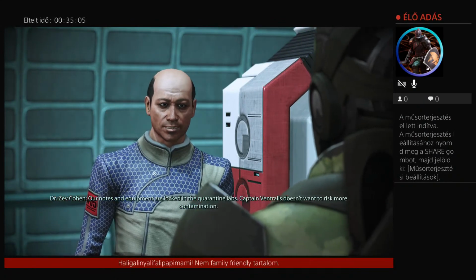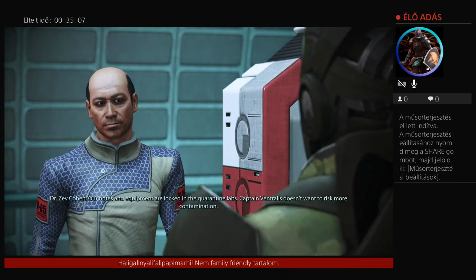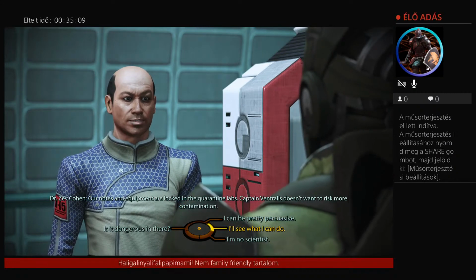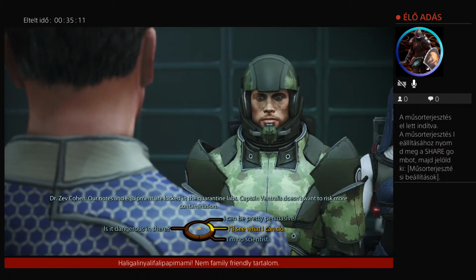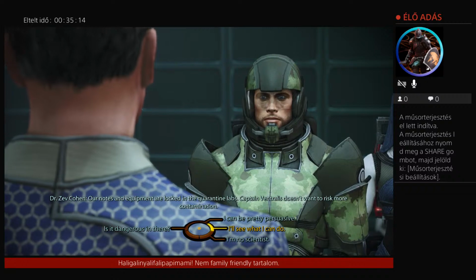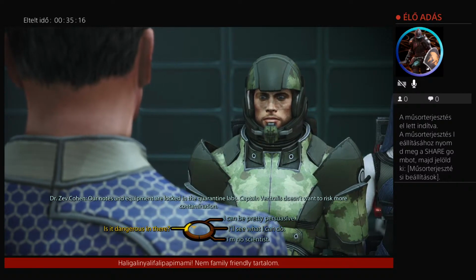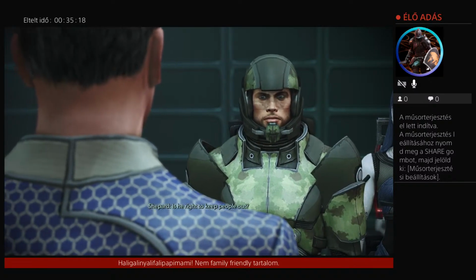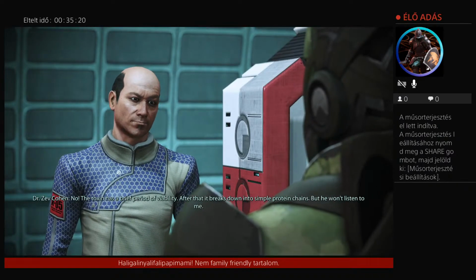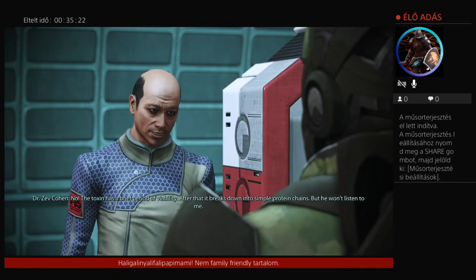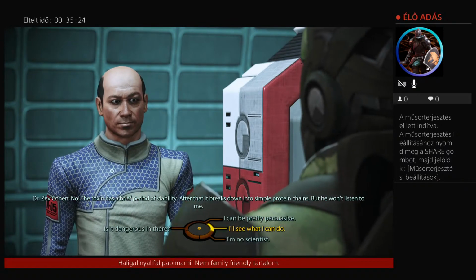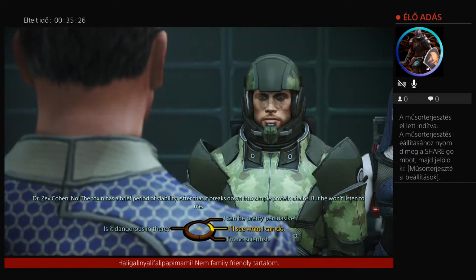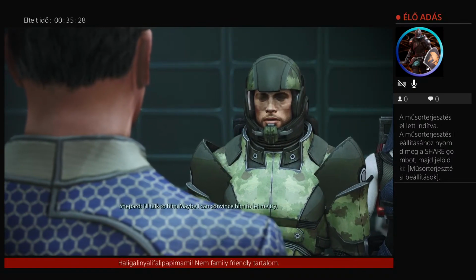Our notes and equipment are locked in the quarantine labs. Captain Ventralis doesn't want to risk more contamination. Is he right to keep people out? No, the toxin has a brief period of viability. After that, it breaks down into simple protein chains. But he won't listen to me. I'll talk to him.